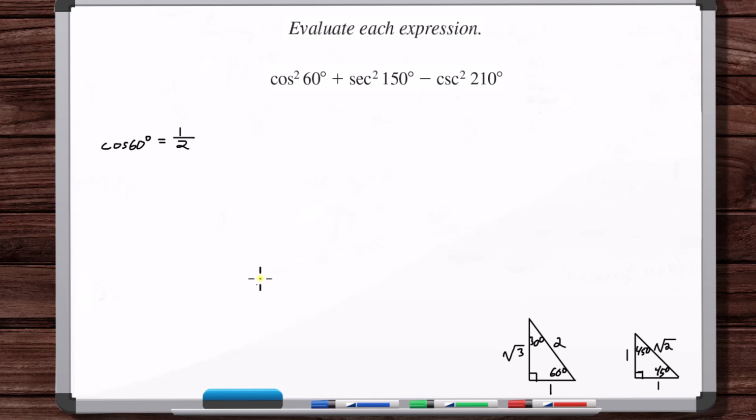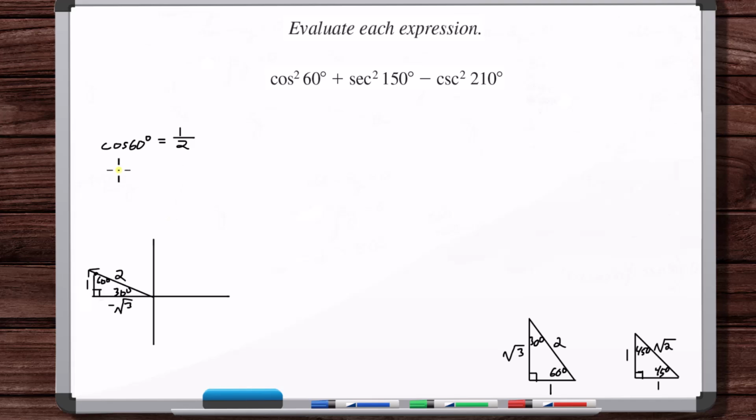Okay, now do we have any quadrantal angles here? No. So secant of 150. 150 is in quadrant 2, with a 30-degree reference angle. That's 2, and then this is minus root 3 and then positive 1.